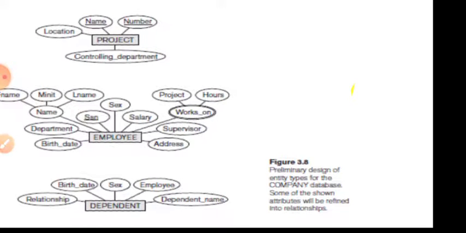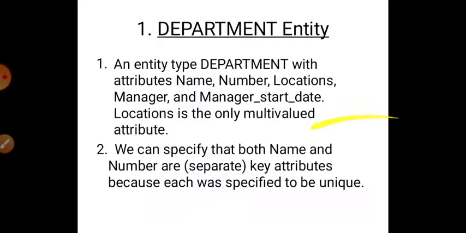Some of the shown attributes will be reflected into relations in the next topic. Now we shall take the entities one by one. Department entity: an entity type department with attributes name, number, locations, manager, and manager start date.